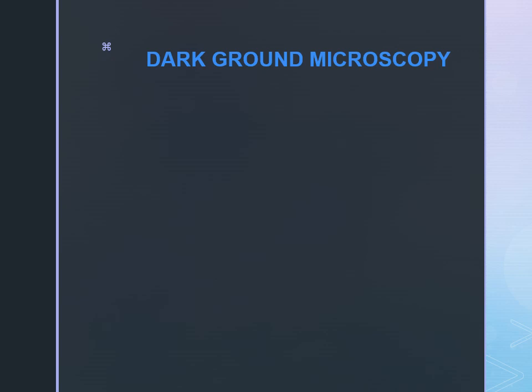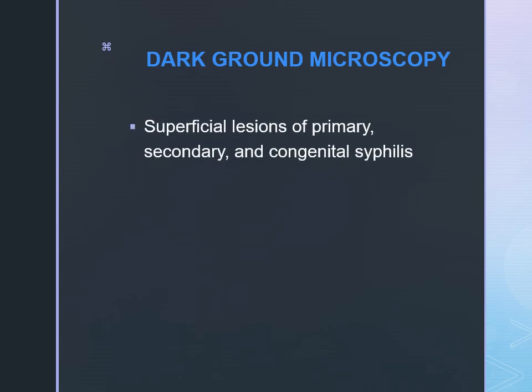First of all, we can directly look at this microorganism, the Treponema pallidum. These are spiral bacteria, and we have to look at whether these are spiral bacteria and how the spirals are arranged. Because this bacteria is very thin, we cannot see it directly under the light microscope, so we need a modification, that is dark ground microscopy, or we can also use phase contrast microscopy.